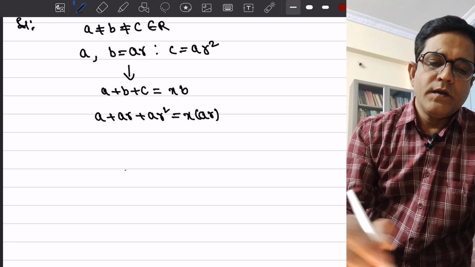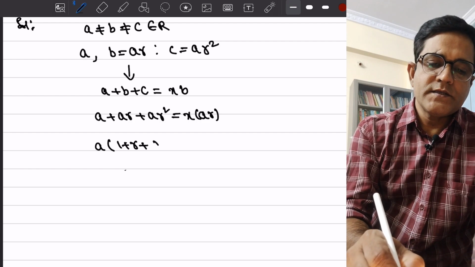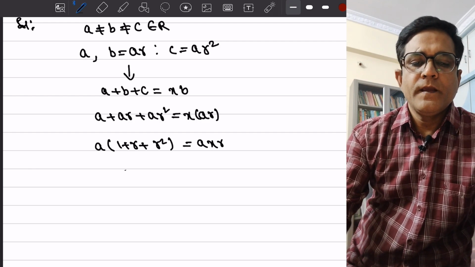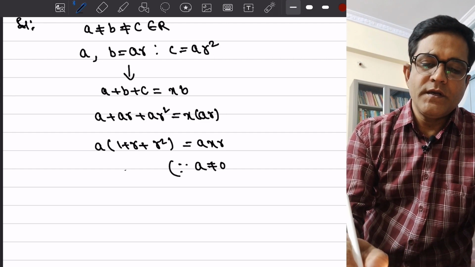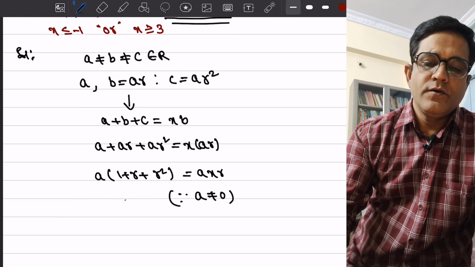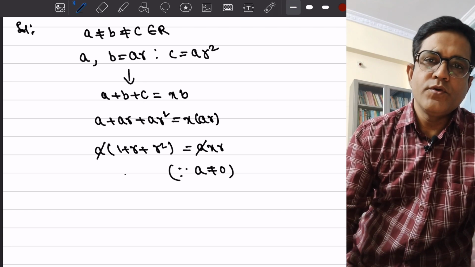So now here a into 1 plus r square is equal to a into xr. Here since a is not equal to 0, because in geometric progression the first term can never be 0, so you can cancel a from both sides.